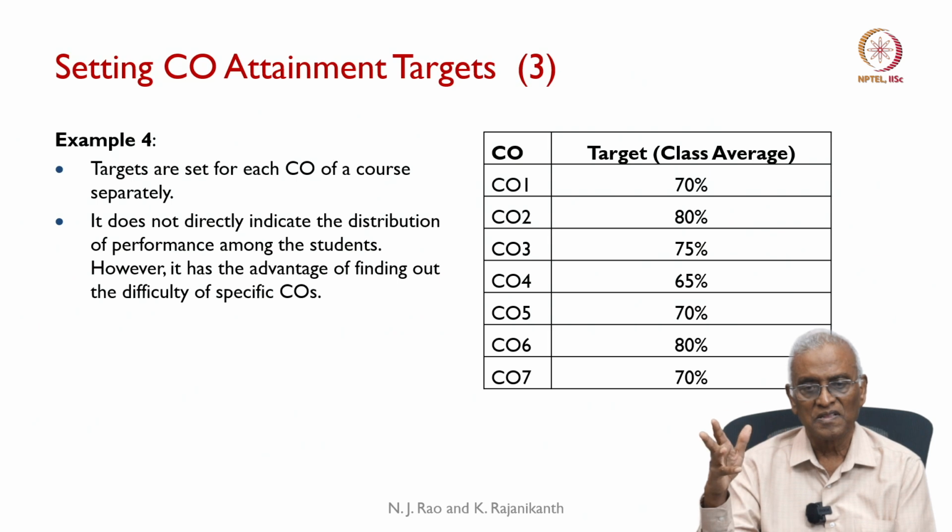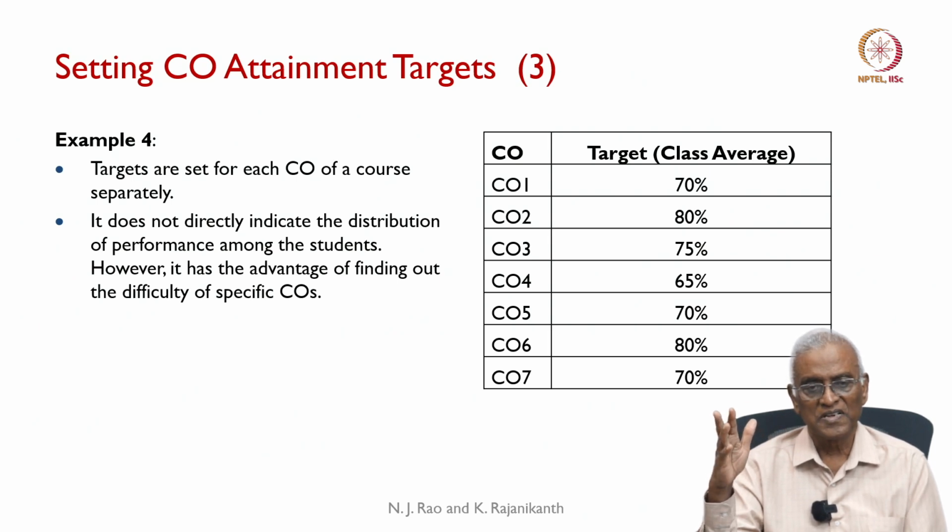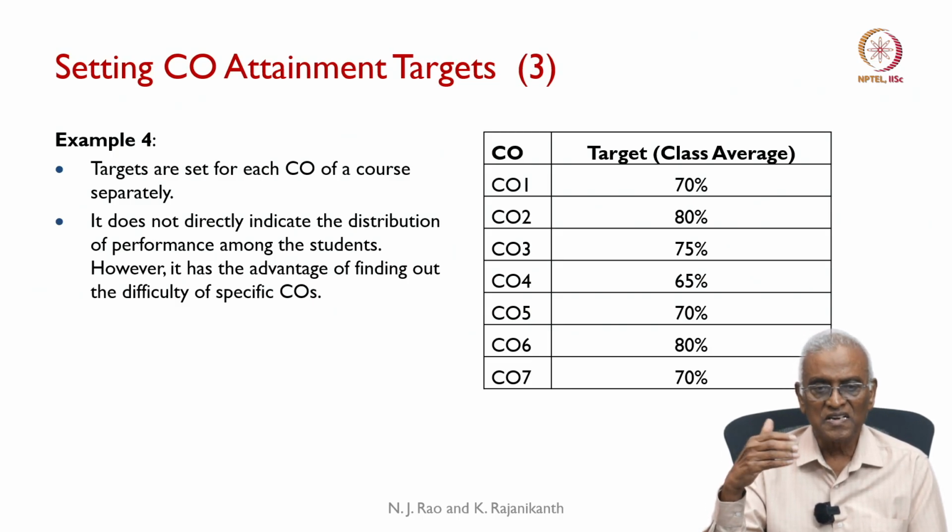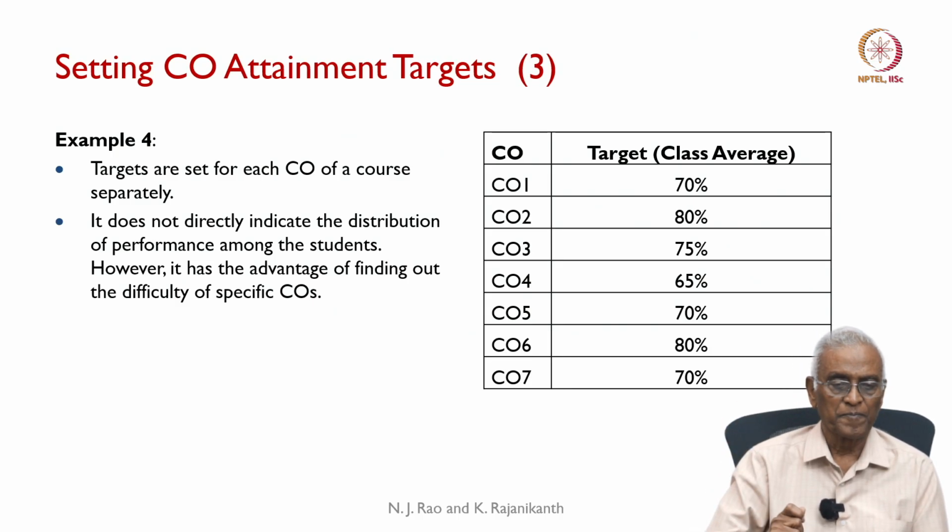You cannot set the target that low. It has to be appropriate, but once you set the target, you should not keep bringing it down. You should only, if possible, increase it slowly.